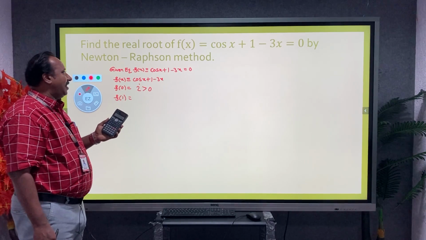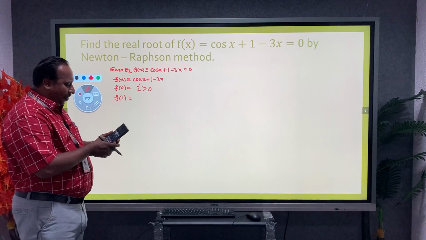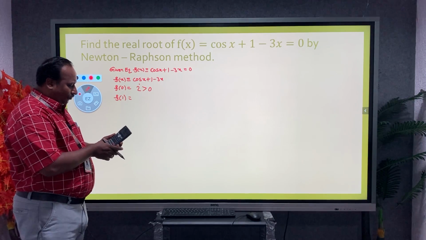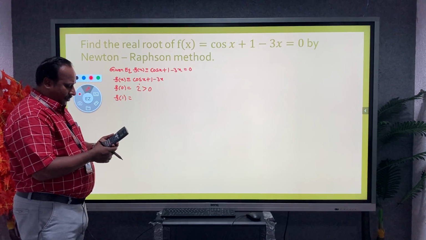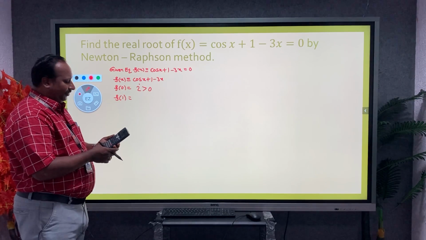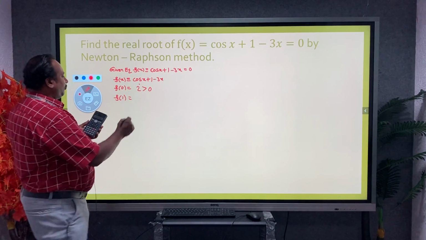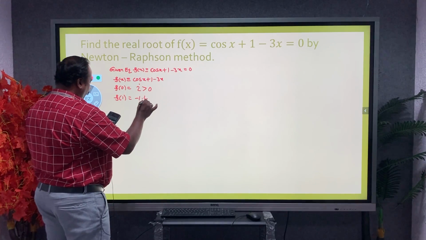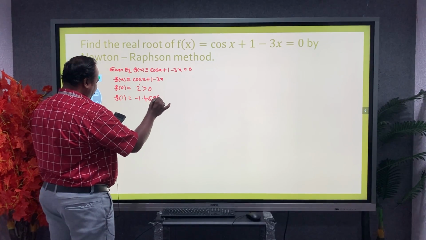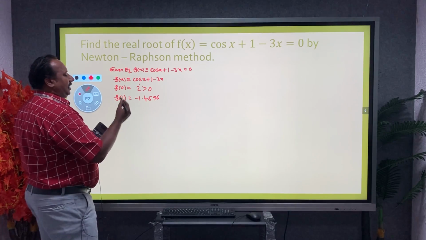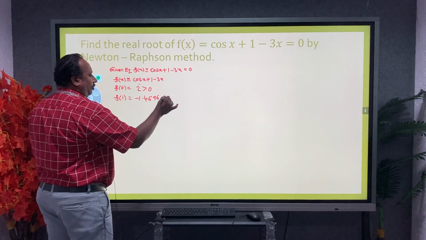Now calculate f of 1, that is cos 1 plus 1 minus 3 into 1. We get minus 1.4596. Clearly it is less than 0.